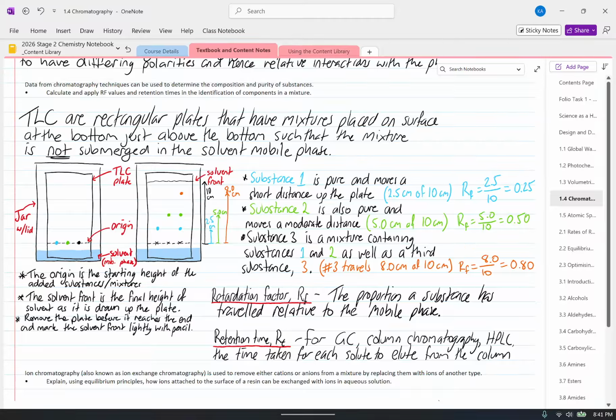Oh, the only other thing was that the retardation factor is how much a substance has slowed, but that's not completely relevant for things like gas chromatography, column chromatography or HPLC, because we don't stop and look at the substances and how far they've traveled.